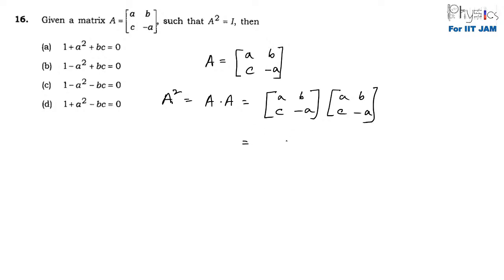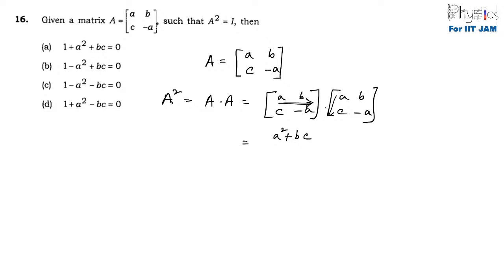So first this by this, so it is A square plus BC, right?